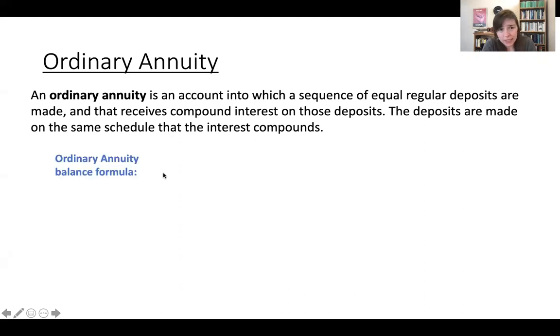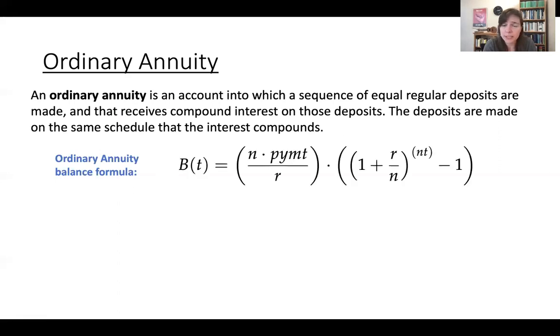In addition to this definition, we get this ordinary annuity balance formula, which looks like this. This is reminiscent of some of those compounding interest equations that we saw in the previous chapters. But let's go through what everything means here.